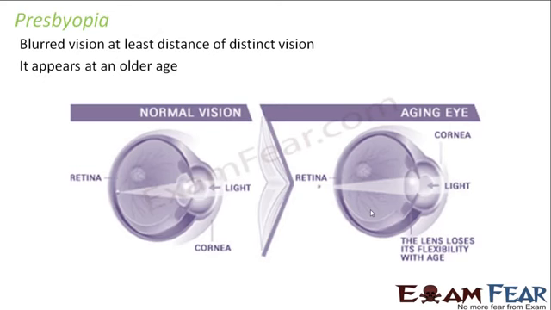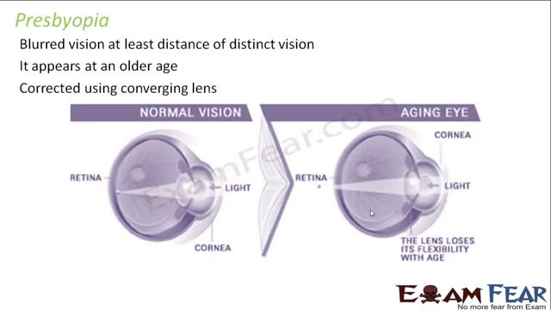So suppose a person is living for some 90 years, so those ciliary muscles are functioning for those 90 years, right? So what happens? The flexibility of the muscles decreases. As a result, the flexibility of the lens to increase or decrease its focal length also decreases. And as a result of this, the vision is not very clear at an older age.